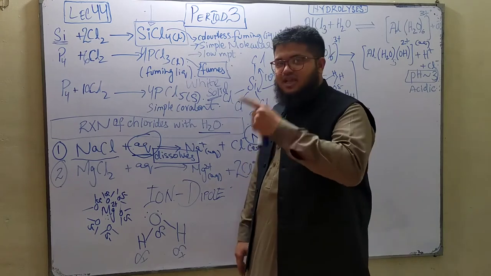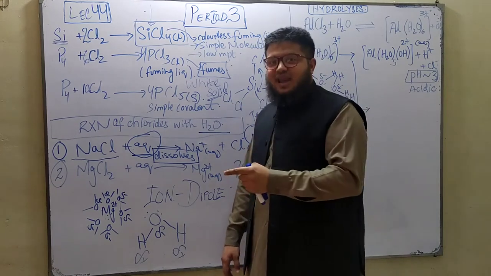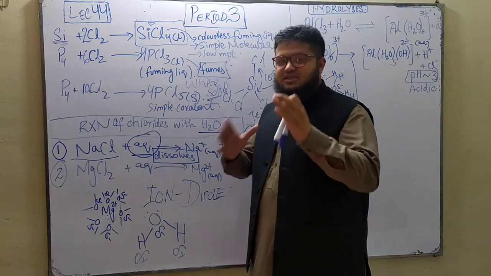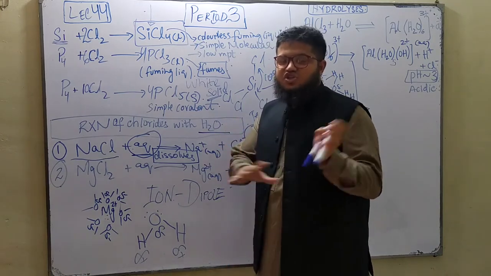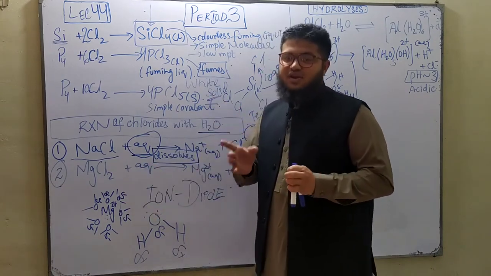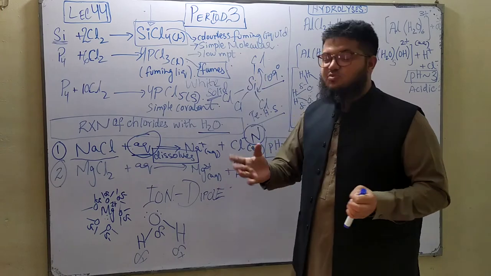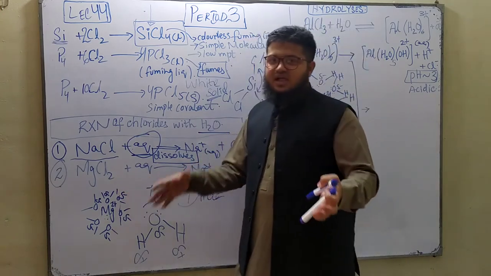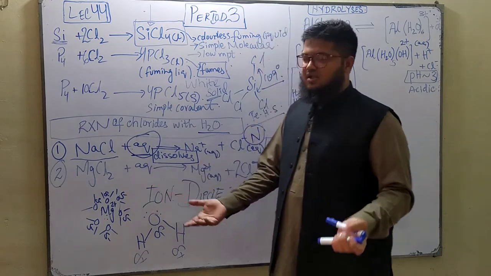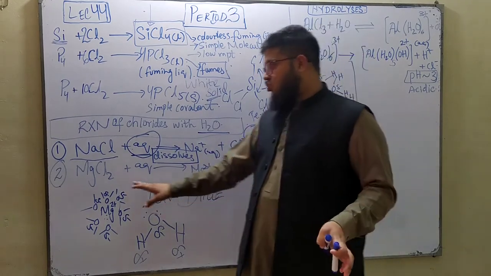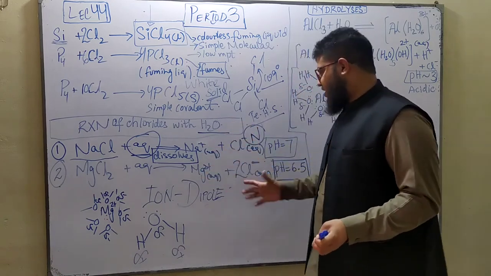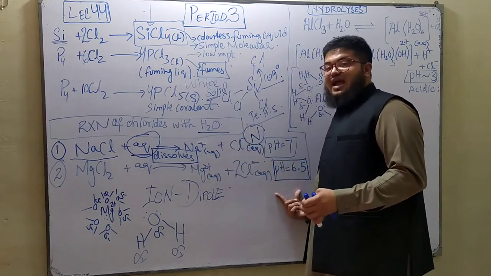As a rule of thumb, covalent character shifts more towards the acidic side. Any compound that's covalent is more likely to be acidic, like HCl and H2SO4. So magnesium chloride has slightly covalent character, due to which its pH is slightly acidic.